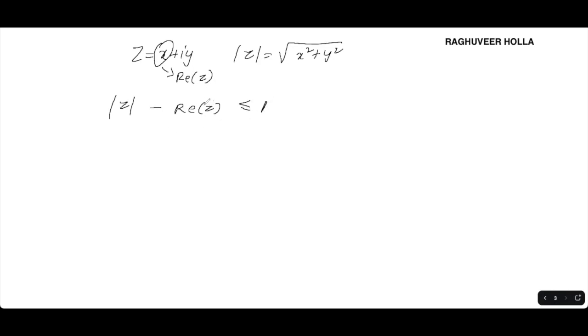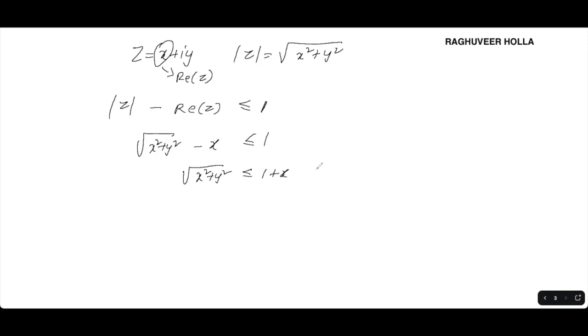So let us write down: square root of x square plus y square minus x less than or equal to 1. So bring x onto the right hand side. So this will be square root of x square plus y square less than or equal to 1 plus x.